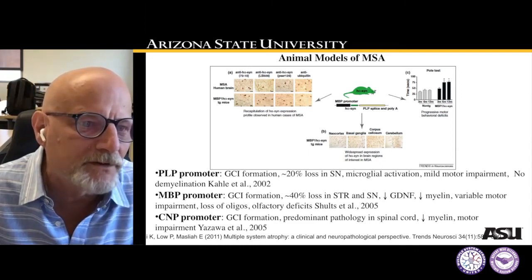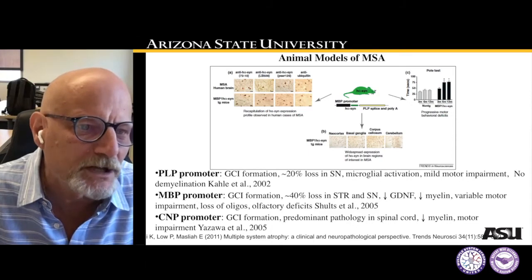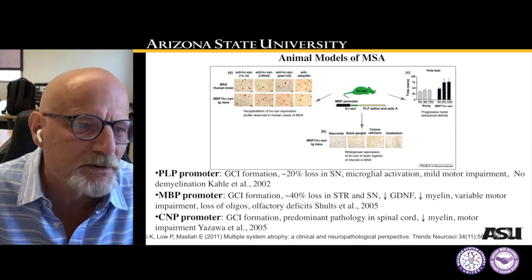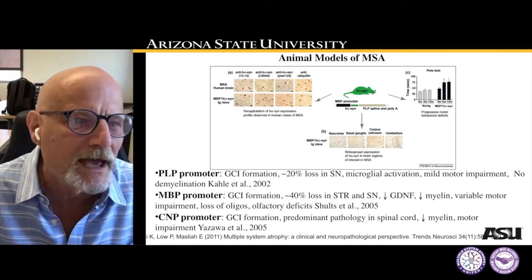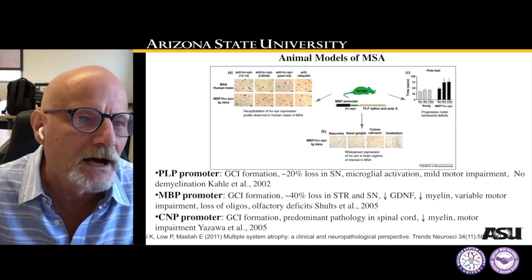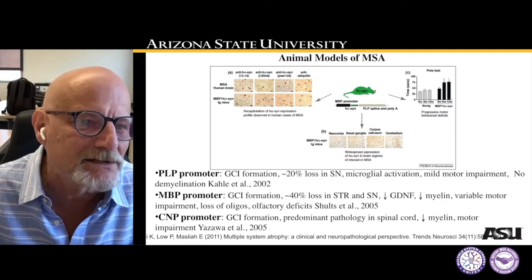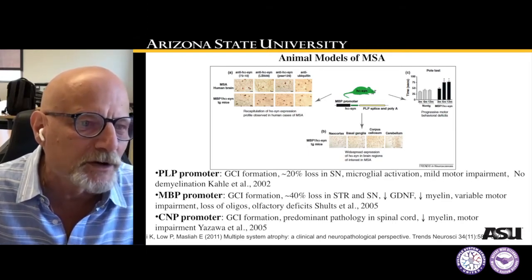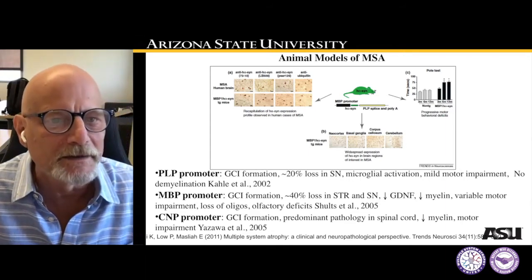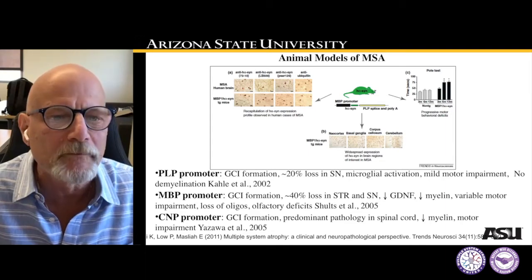Up here in the top left, you can see a recapitulation of human alpha-synuclein expression in these animal models. You have the MSA brain on top, and you can see, with different stains, these GCIs, and that is recreated in the myelin basic protein transgenic animal seen in the lower level here.